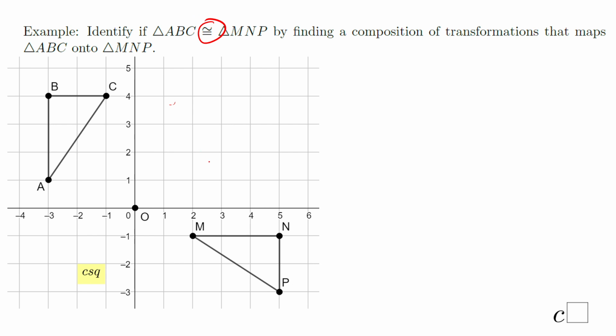So first of all, I'm looking and I notice the orientation of the triangle ABC. A is down here, and then M, which is the corresponding part, looks like that. So how do I get this change of orientation? It has to be a rotation in my opinion. So if I rotate this point A around point O, 90 degrees, I should be somewhere here.